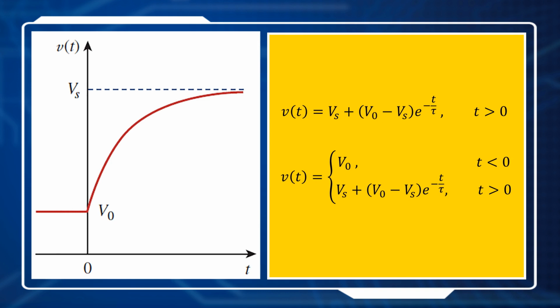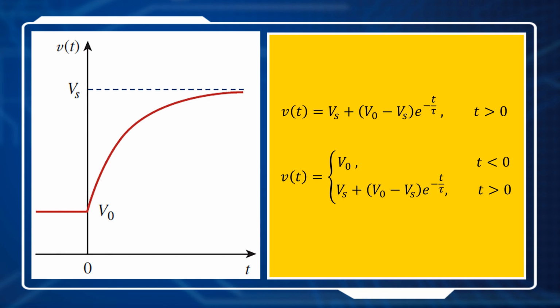You can find when t is less than 0, the voltage stays at V0. And when t is greater than 0, the voltage increases as t increases. However, the final value of the voltage is Vs, which is the voltage of the voltage source in the circuit.